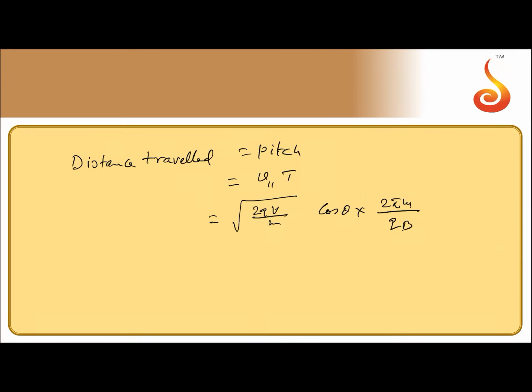So this will be 2 pi by B under root 2Vm by q. So this is the third option.